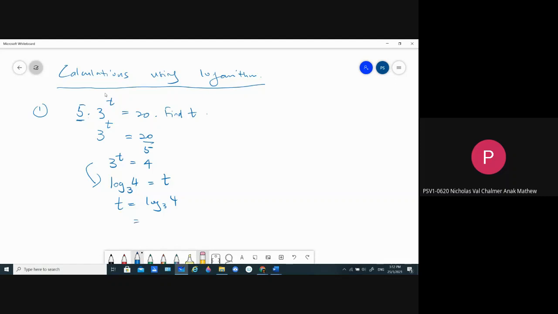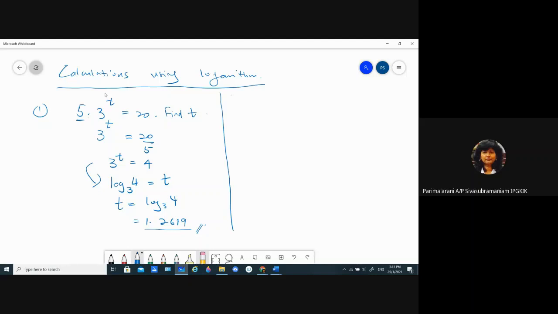So it is equals to 1.2619, correct? For logarithm, we always give 4 decimal places. So this is your answer. You can use your calculator straight away and get your answer. So this is how we can solve a calculation that is not in logarithm form using logarithm.